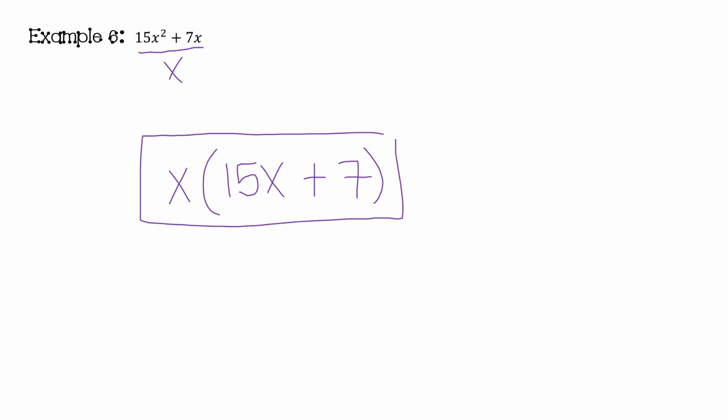So you would only be factoring an x out of this expression. So I would have an x in front of the parentheses. 15 divided by 1 is still just 15, and then x squared divided by x is x. And then plus 7x divided by x, the x's would cancel, and this would just be plus 7. And this is my factored form.